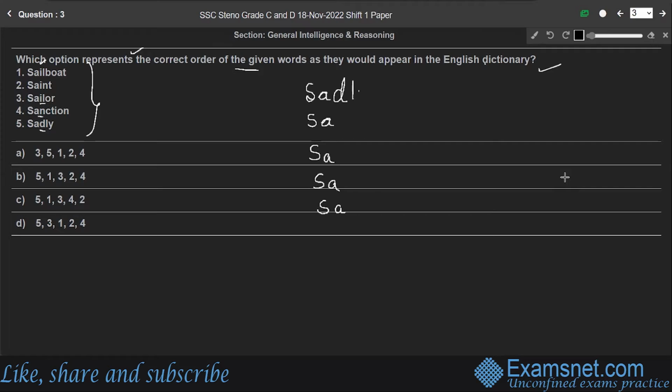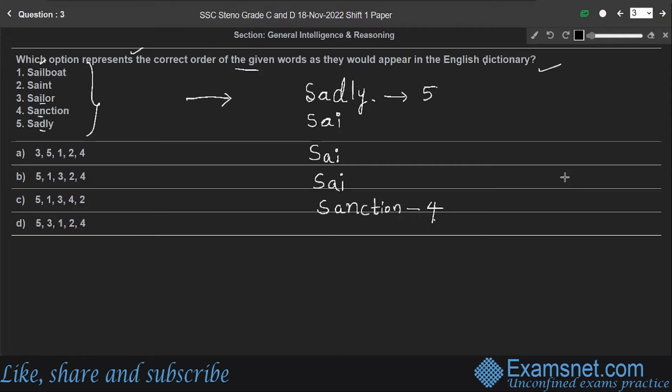So which comes first in the English dictionary? If we arrange these words according to alphabetical order, sadly comes first, which is the 5th word in the given question. Next comes I as the third letter. We have 3 words in which I is the third letter, and N is the third letter in one of the words. Therefore, sanction comes last, which is the 4th word in the given question.